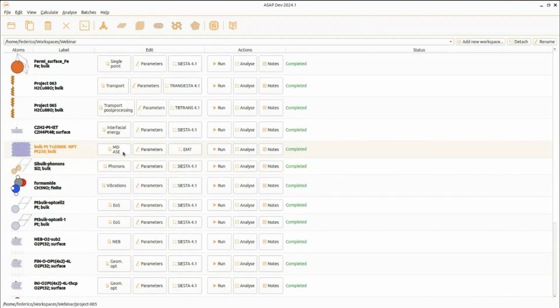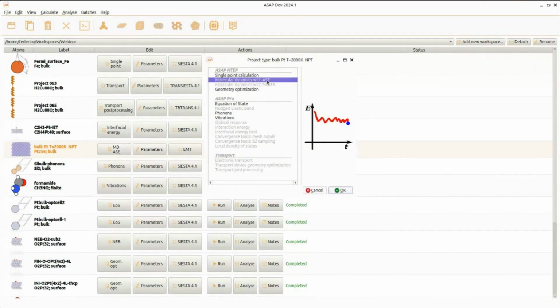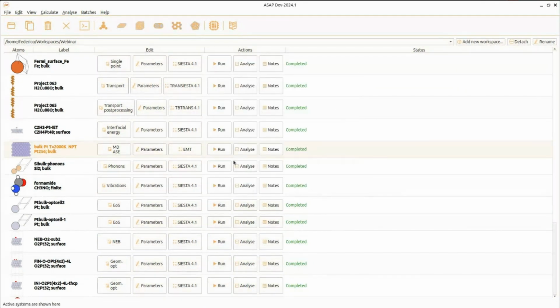Next one is an MD, some molecular dynamics project. This was done with MD ASE, which is one of the two algorithms that we have at our disposal when we want to compute molecular dynamics. And we use the EMT calculator, which is not as precise as Siesta or Quantum Espresso. Obviously, this is used just to do some tests, which is what we wanted for this specific case.